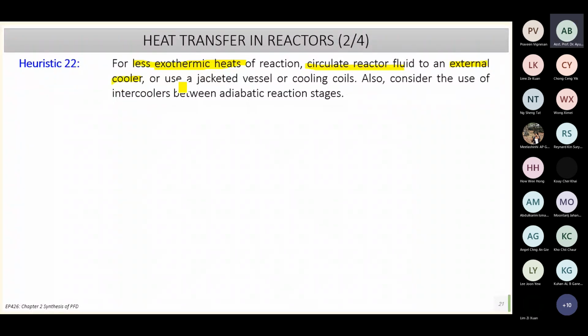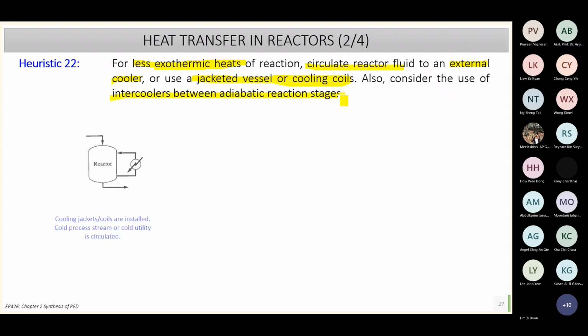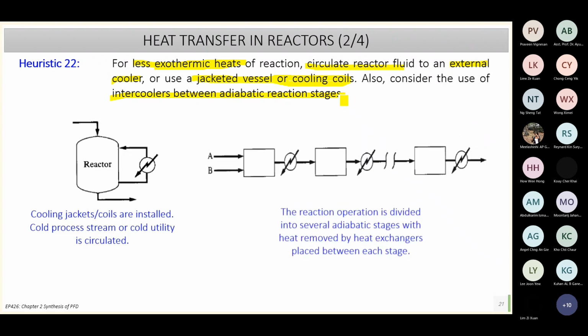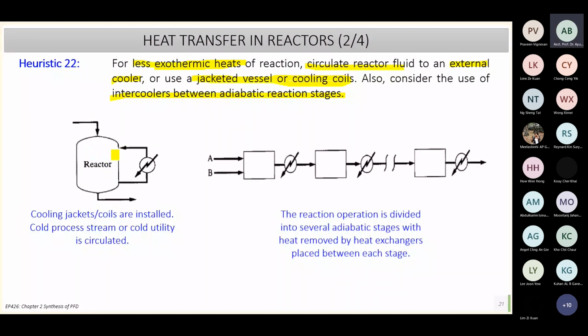Or you can also use a jacketed vessel or cooling coils on the reactor to reduce the temperature. And you can also consider the use of intercoolers between adiabatic reaction stages. So this one is for less exothermic. The previous one is for highly exothermic.